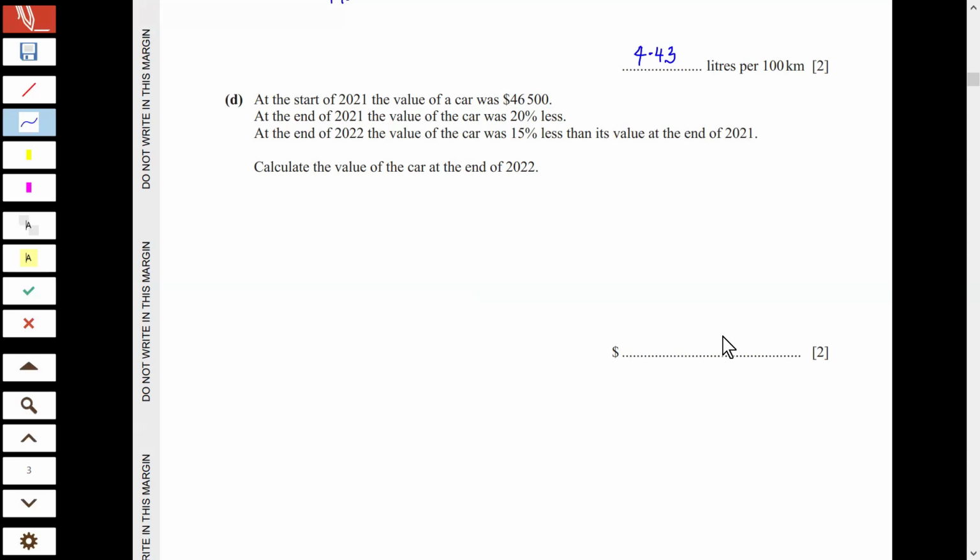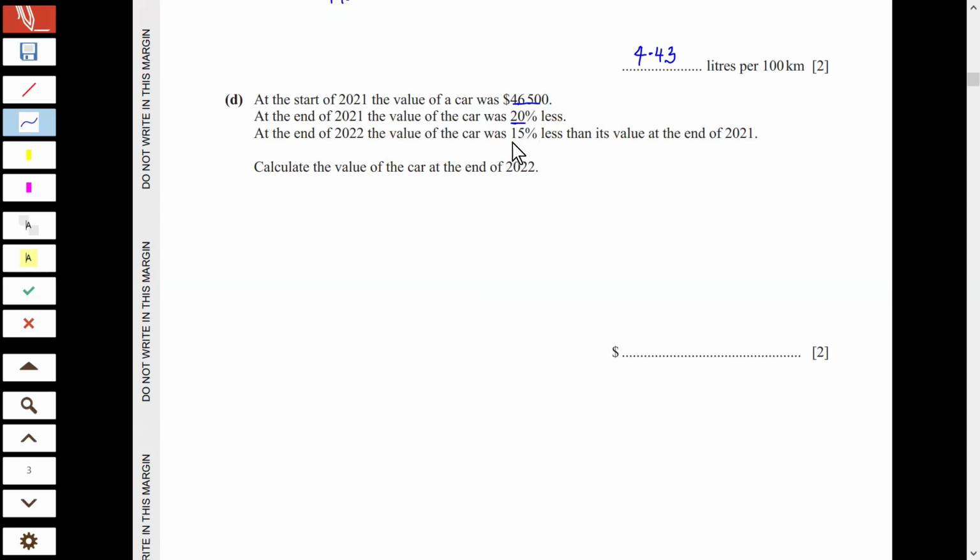Now, the cost of the car is 46,500. At the end of 2021, the car was 20% less. It means the value depreciated by 20%.